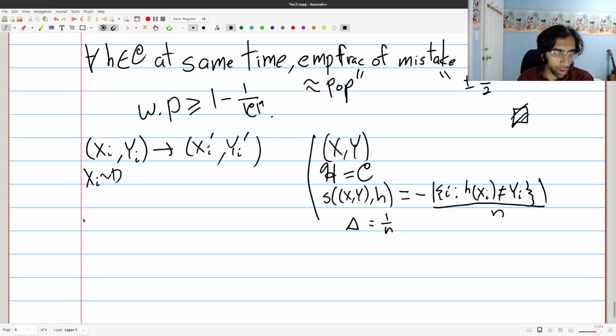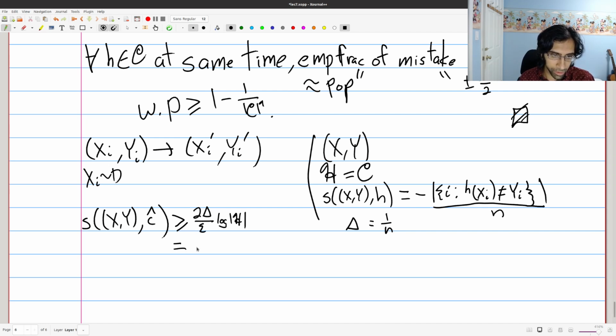Well, let's see what the quality of the item given by the exponential mechanism, C hat, is. What's its score? The exponential mechanism says that it's going to be greater than or equal to 2 times delta over epsilon log of the size of H.